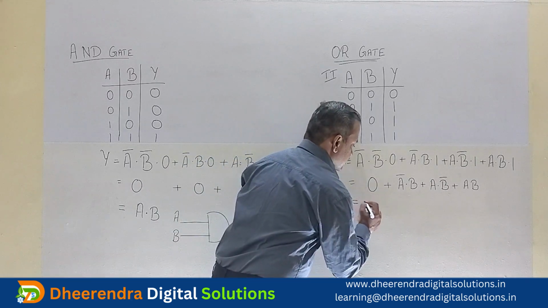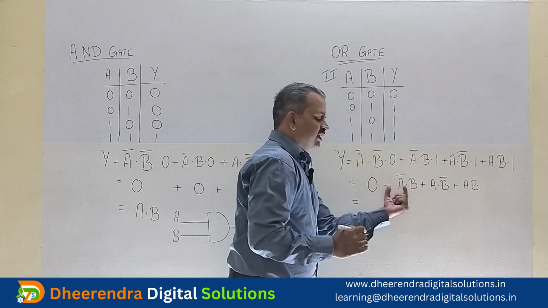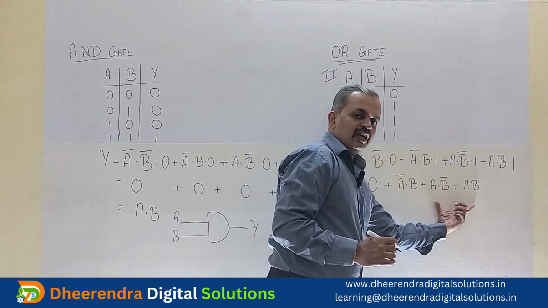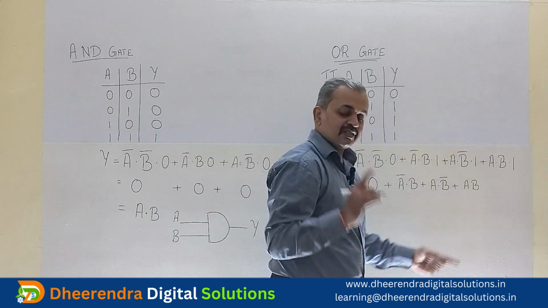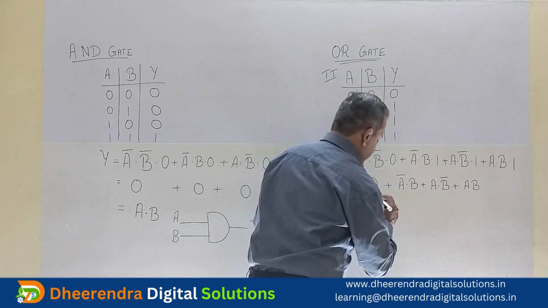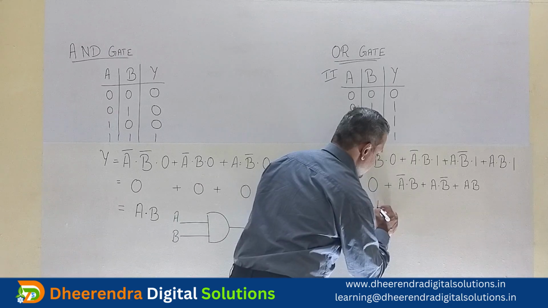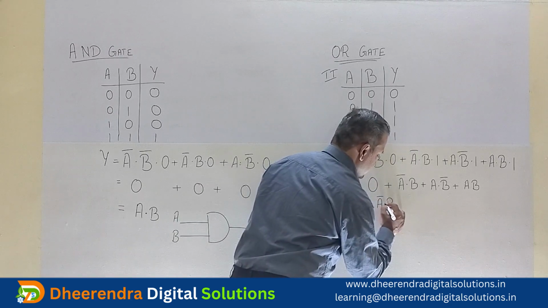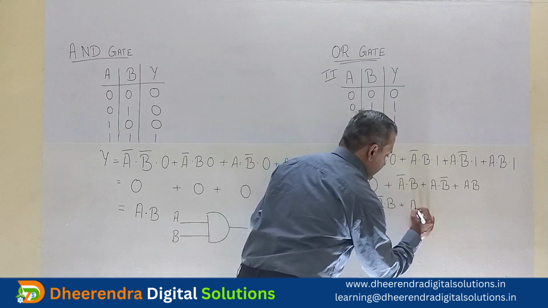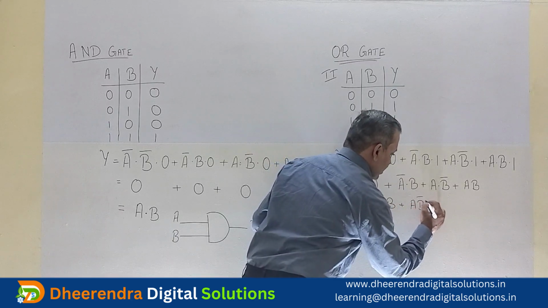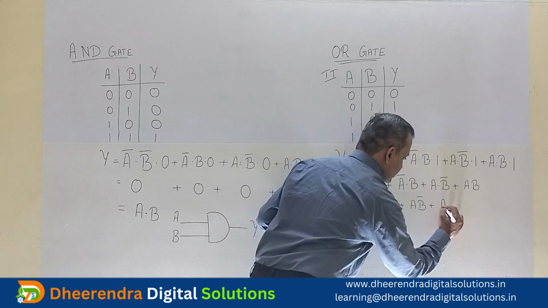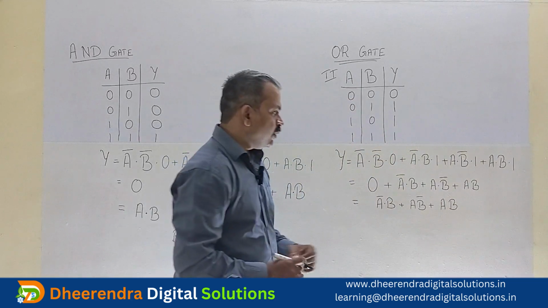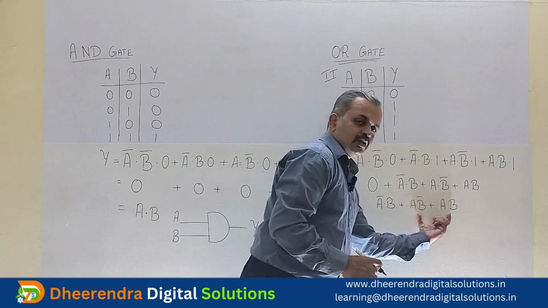Now the next step. 0 ORed with anything: if the first part of the statement is false, then the total statement depends on the rest of the statement. This is the first part that we need to understand. So I can write this as A bar B plus A B bar plus A B. Now what do we find common between these two terms?